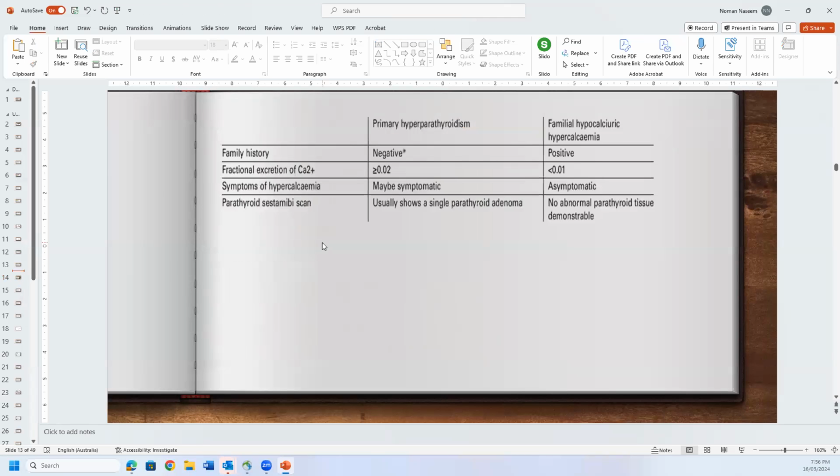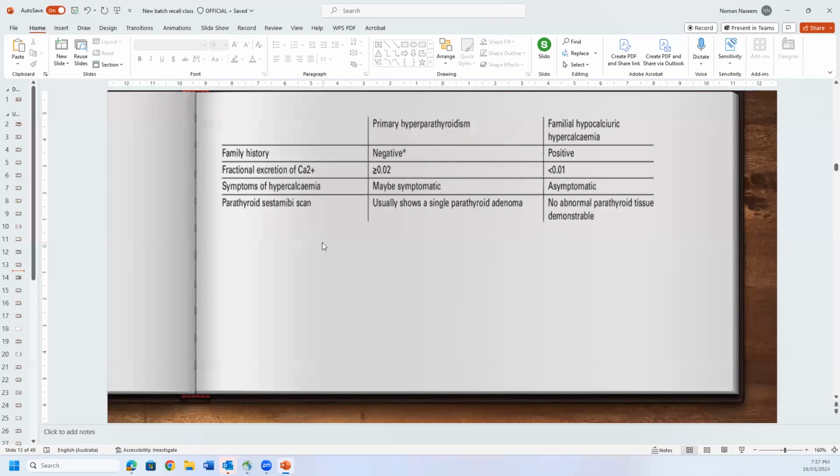Okay, to repeat this, the difference between primary hyperparathyroidism and familial hypocalciuric hypercalcemia is that familial will have a family history. They will give you, oh, the mother or the father, or on the paternal or maternal side, an uncle or aunt somewhere has a similar condition, right? Plus the fractional excretion of calcium through the urine will be much more in primary hyperparathyroidism than in hypocalciuric hypercalcemia.